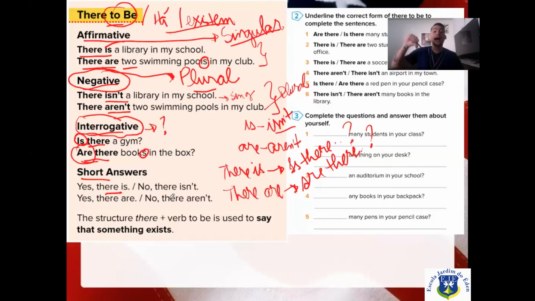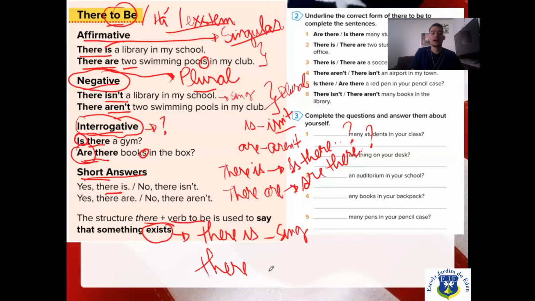No, there aren't. Okay, these are the short answers. Okay, the structure there plus a verb to be is used to say that something exists. So we say there is in the singular, and we use there are for the plural form.